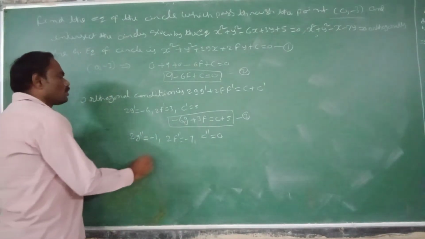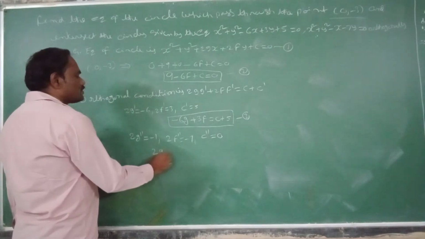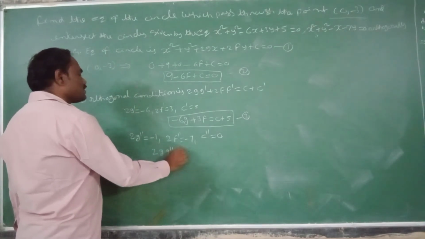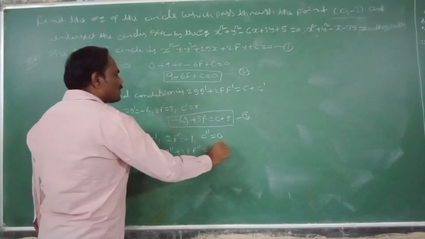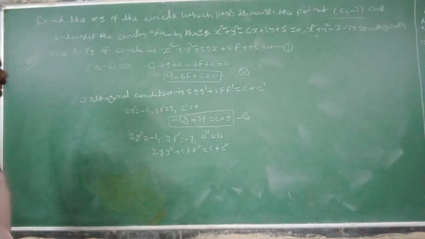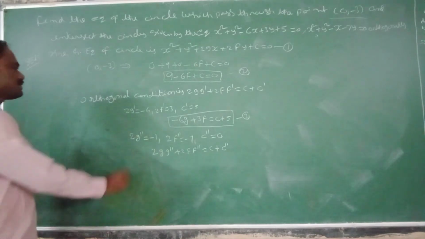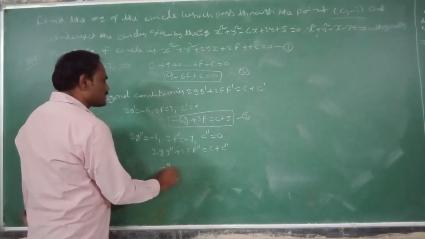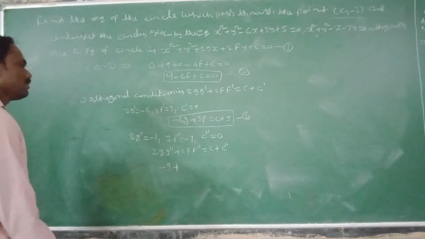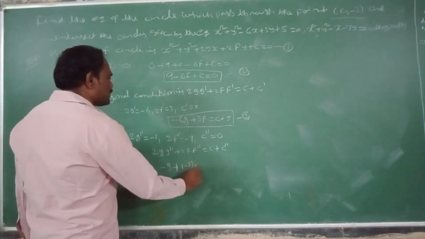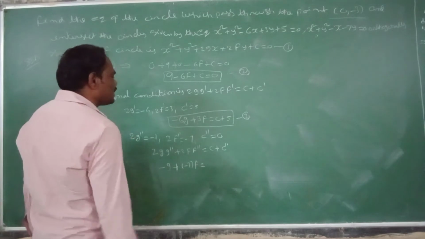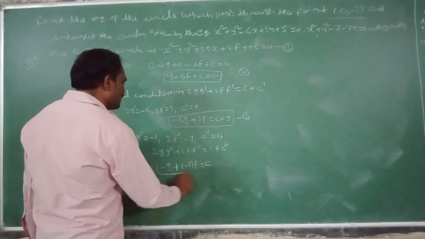So the orthogonal condition is 2gg double dash plus 2ff double dash is equal to c plus c double dash. 2g double dash is minus 1, so minus g; 2f double dash is minus 7, so minus 7f; and c. This is another equation.